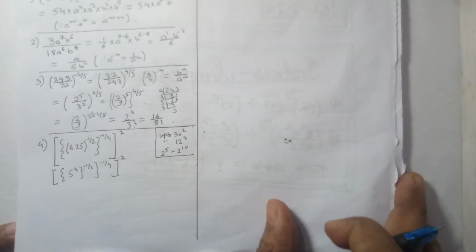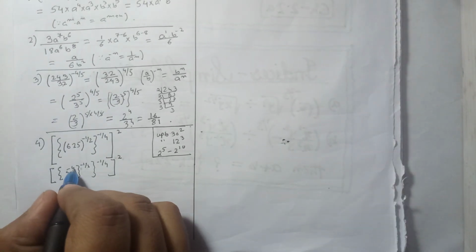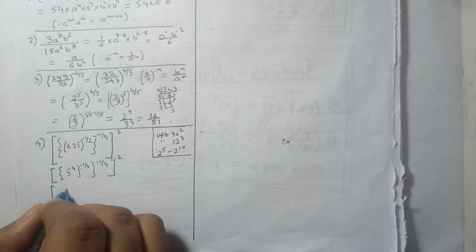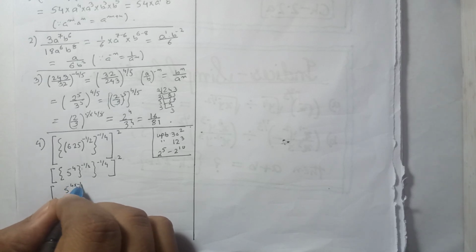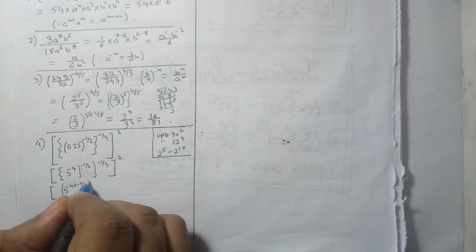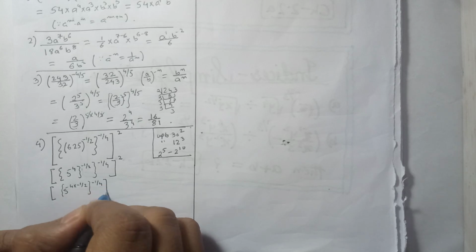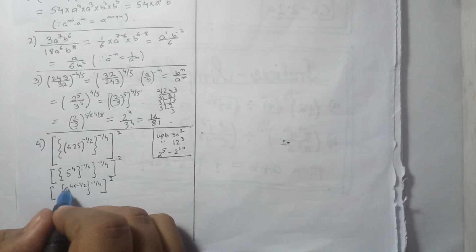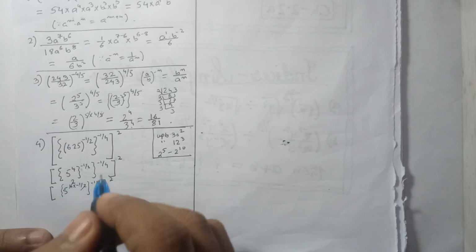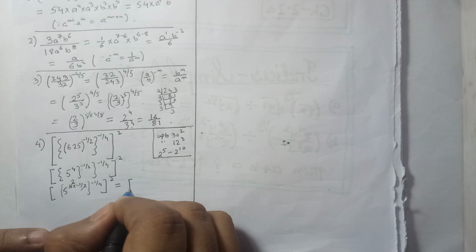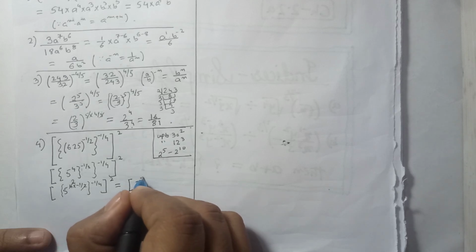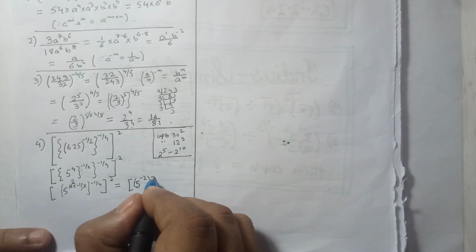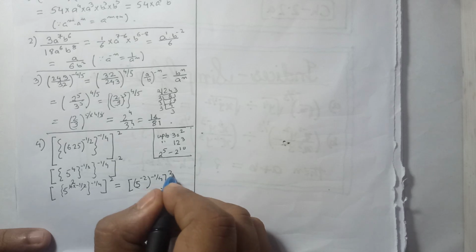I can just multiply this, a to the power of m to the power of n. So if I multiply, what will I get? Square. So this is minus, this is 2, 2. So 5 to the power of minus 2 into minus 1 by 4. 5 to the power of minus 2 to the power of minus 1 by 4 square.